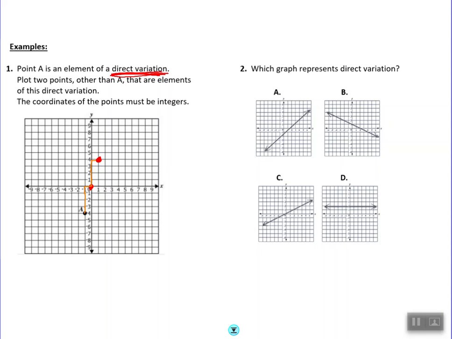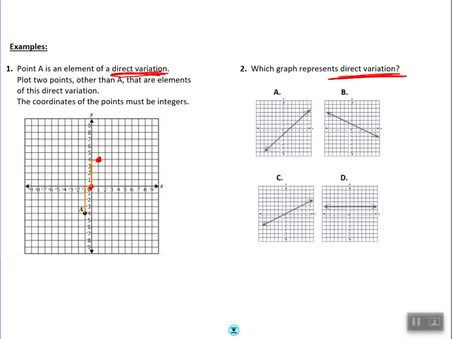For problem number 2, it says, which graph represents direct variation? Since we are looking for direct variation, remember that we have to have a straight line that goes through 0, 0. Well, all 4 of these graphs are straight lines.